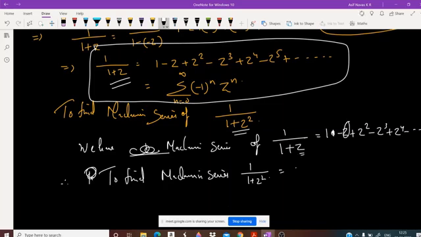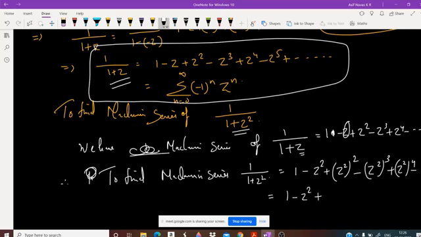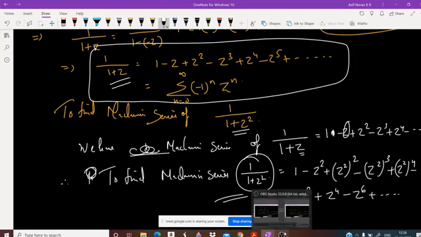So this is 1 minus z square plus z square all square minus z square all cube plus z square all raised to 4 minus etc. So this is equal to 1 minus z square plus z raised to 4 minus z raised to 6 plus etc. So this is the Maclaurin series expansion of 1 by 1 plus z square.